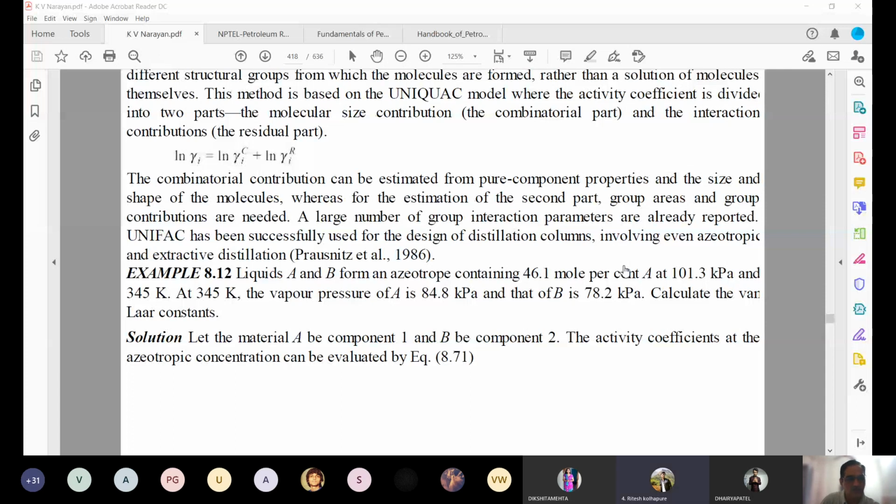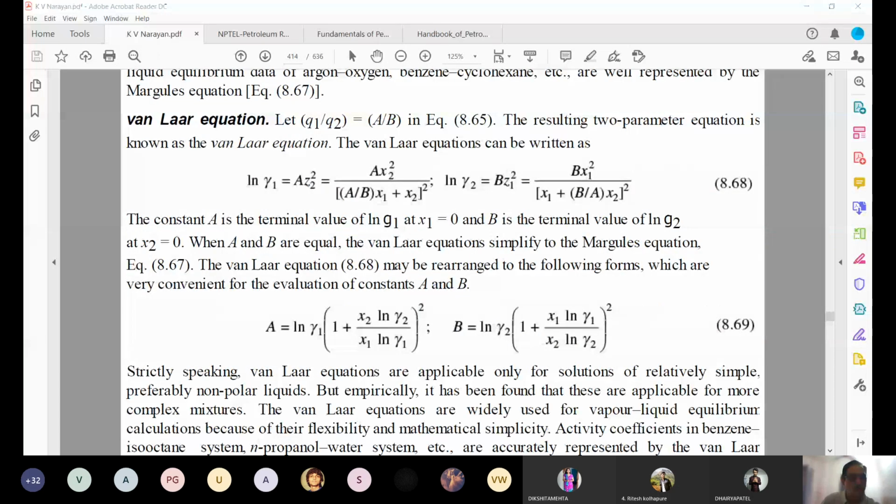Question 8.68. ln gamma 1 is A times (x1 plus B by x2) whole squared. I'm just reading the equation. If you cannot hear otherwise, at least you can see the PDF.